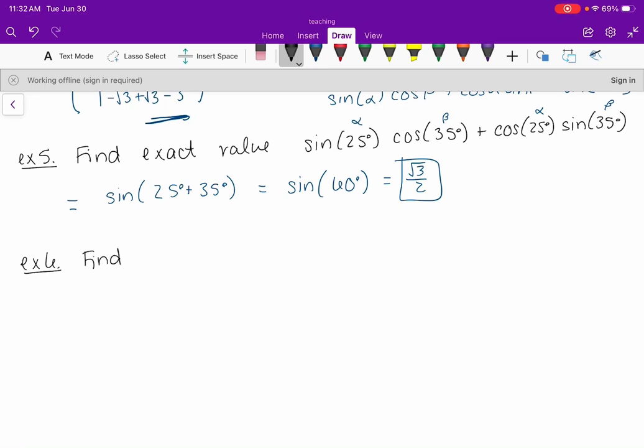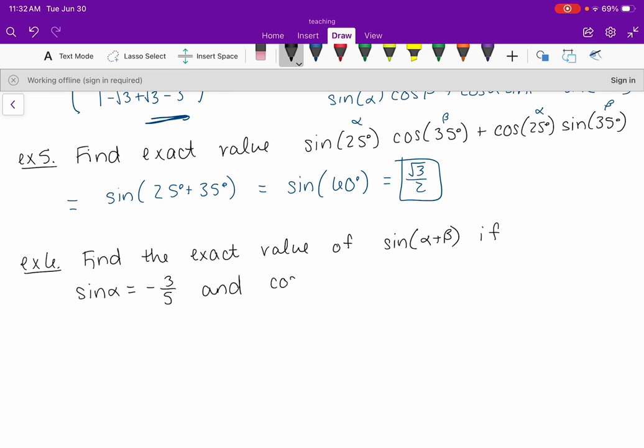So it says find the exact value of sine alpha plus beta if sine alpha is equal to negative 3 over 5 and cosine beta is equal to negative 1 over 3, with alpha in quadrant 4 and beta in quadrant 3.